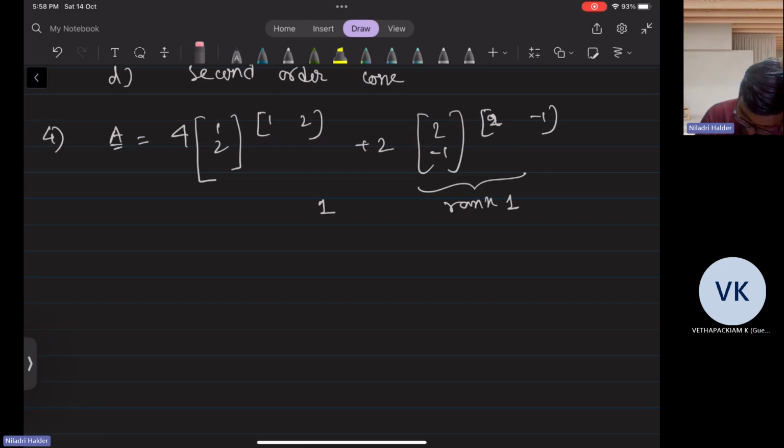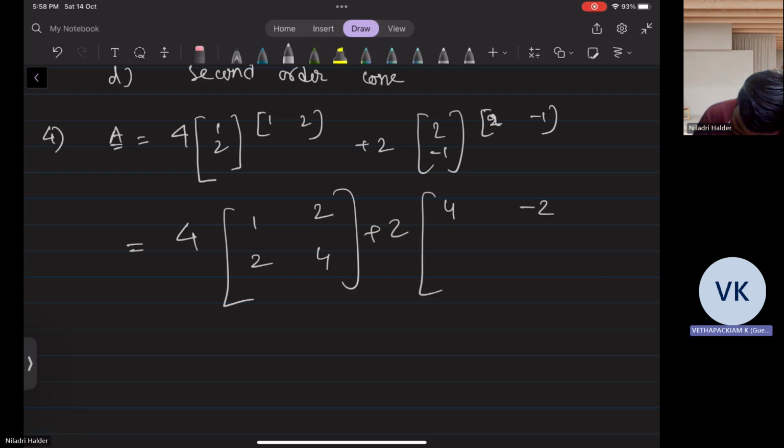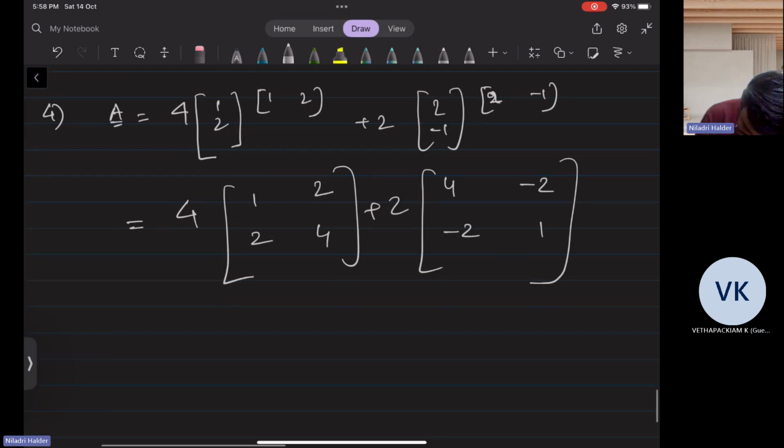Then no need to do these things. So calculate the whole thing here. 4 into [1 2] [1 2], so [1 2; 2 4], plus 2 into [4 -2; -2 1].